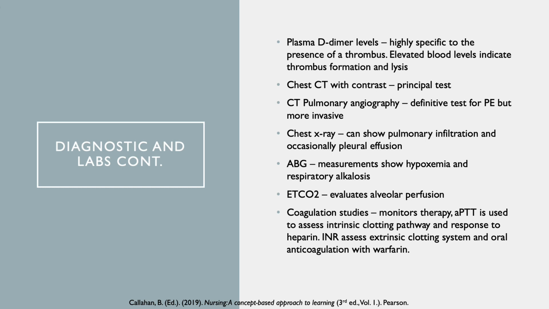If they are too high, they could have an issue of bleeding out. So it's important to monitor that therapy to make sure that the clotting system is responding well.